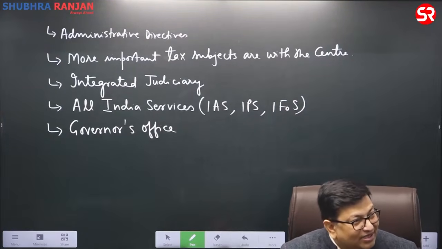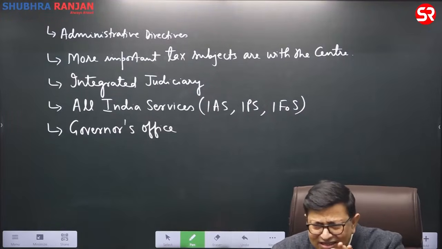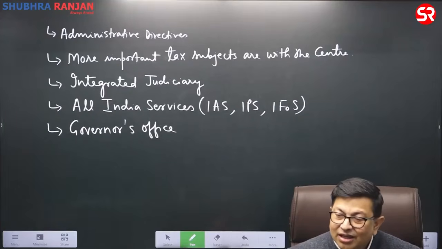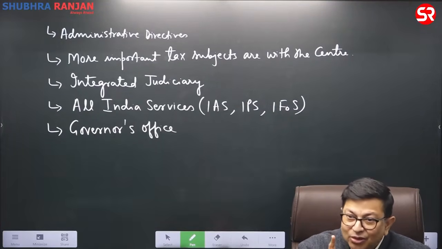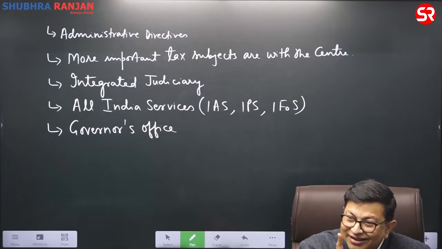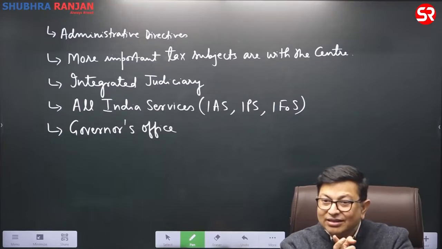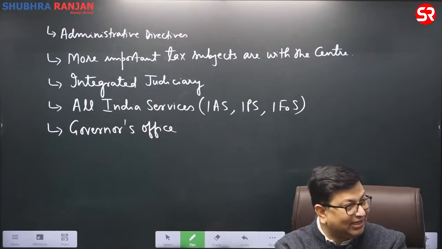Then, when this view was being discussed, there was a general understanding in the Constituent Assembly that if we have two elected persons in the state, then basically what will happen? There will be conflict between the governor as well as the council of ministers, because both the authorities will be elected ones.